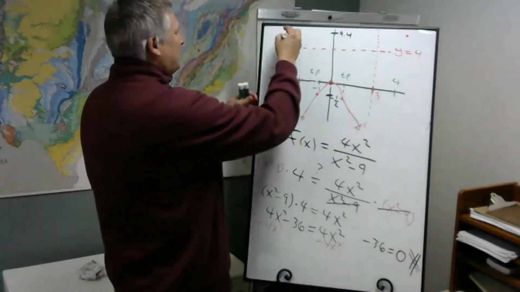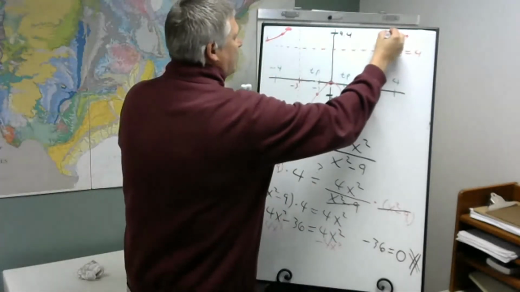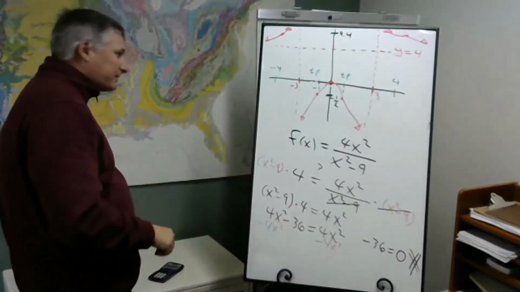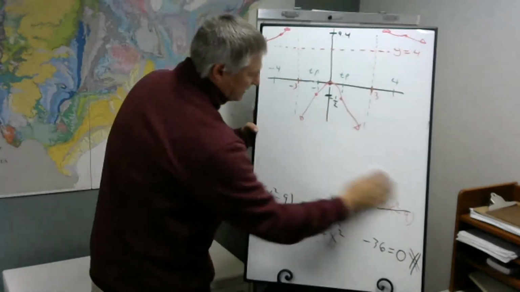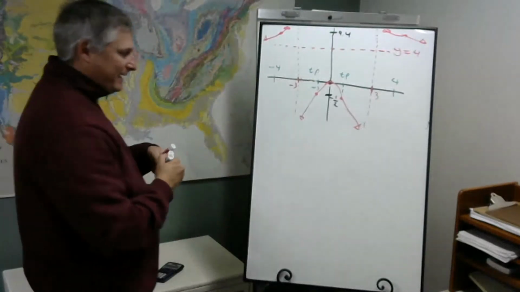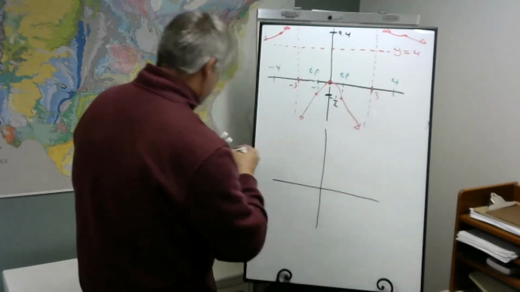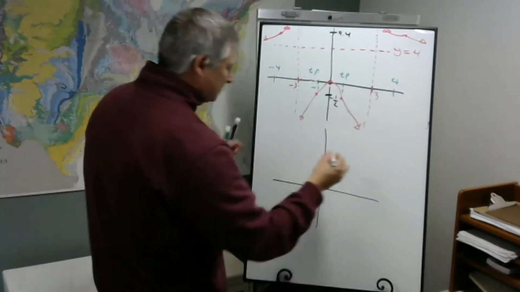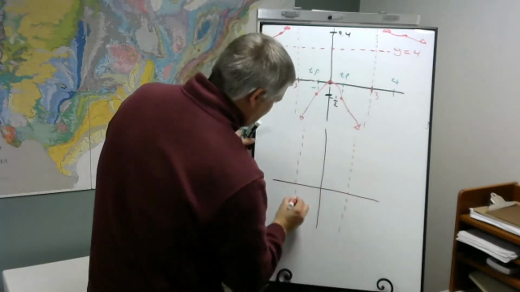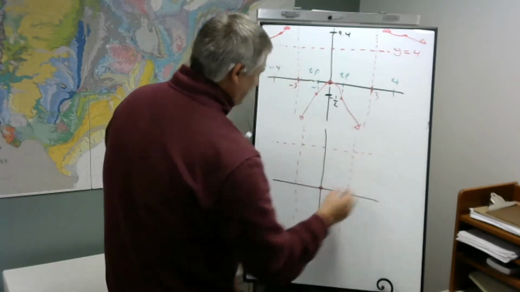So it probably means we're going to do something like this. We'll follow the vertical asymptote, we'll follow the horizontal asymptote. Let me draw this a little better, with better scaling here. So what we end up getting are vertical asymptotes. There's our x-intercept. Here's the horizontal asymptote.